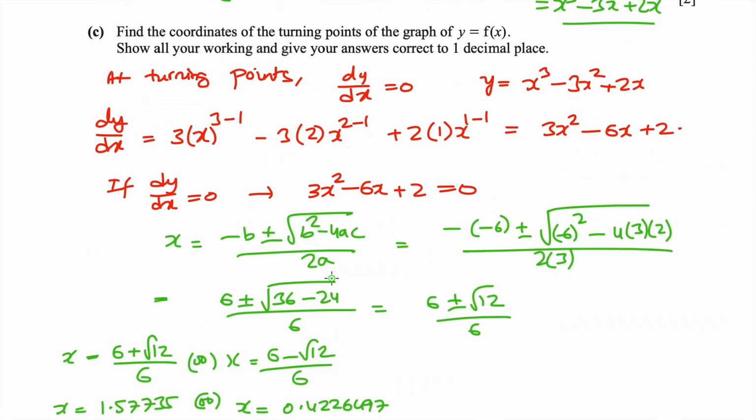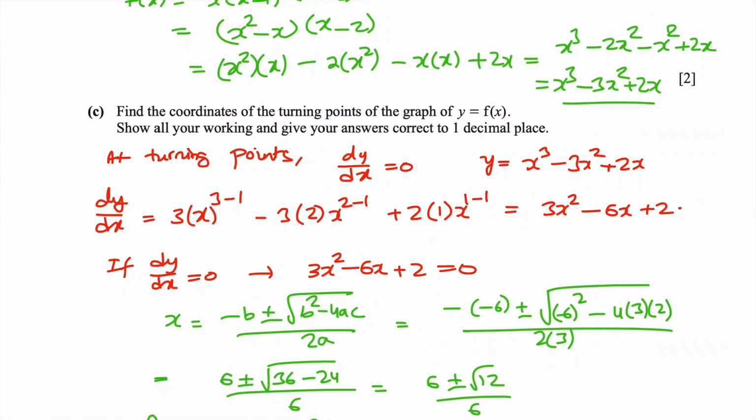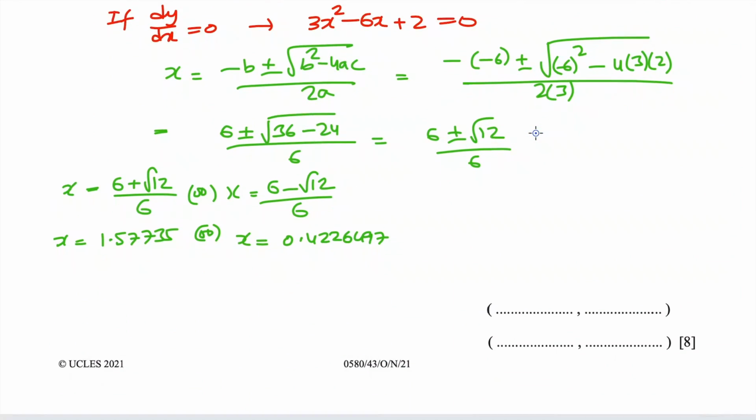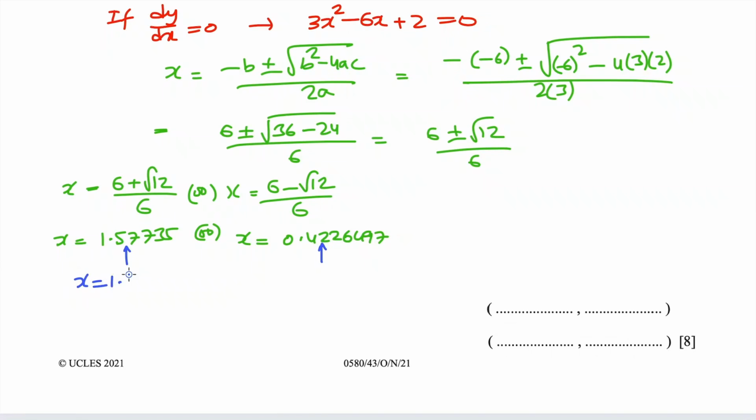And if you look at the question, they have given very clearly that you need to show them correct to one decimal place. So if I round it up to one decimal place, x would be equal to 1.6 or x is equal to 0.4.